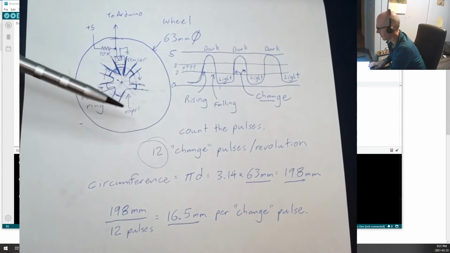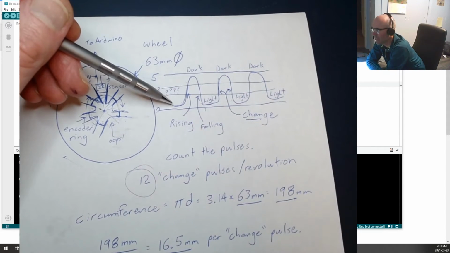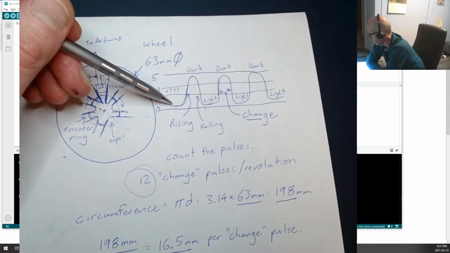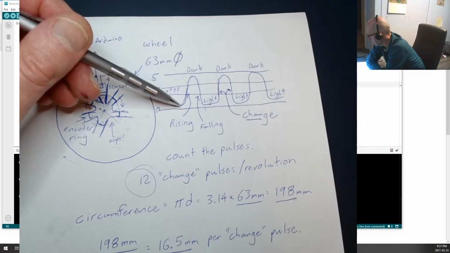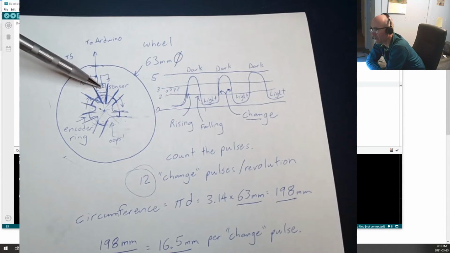What do I mean by a change pulse? Well, let's take a look right in here at the signals that we should be seeing coming off of our QRD1114. Now, when it is light, right in here, we have light bouncing in here. The phototransistor is on, so we have current being conducted down to ground, and this pin is pulled low.